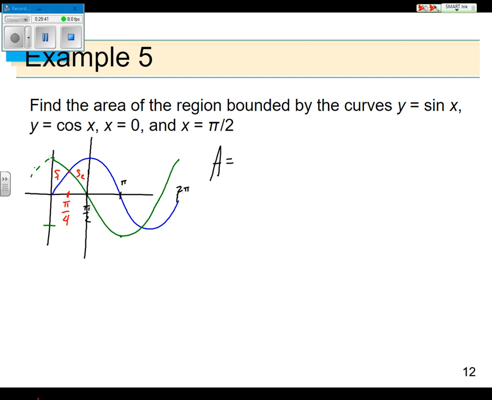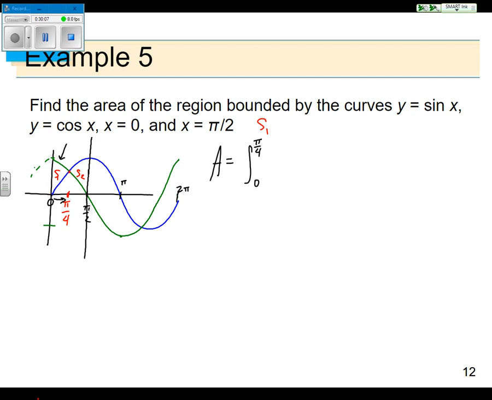So I'm just going to do my S1 first. Whenever I do my S1, I'm going to go from 0 right here to pi over 4. Looking at that region from 0 to pi over 4, my green line's on top.